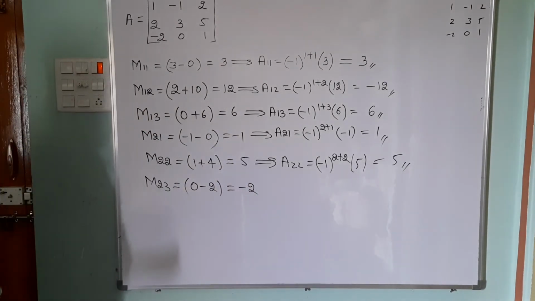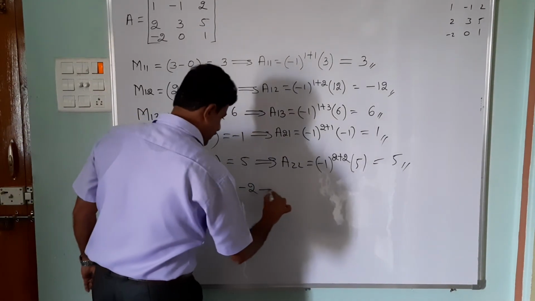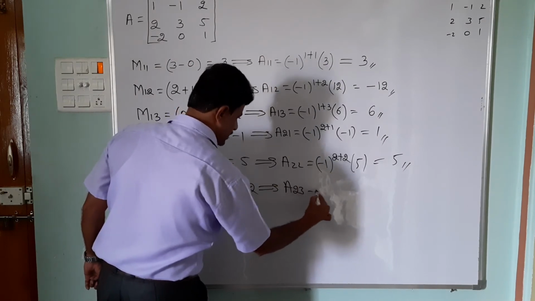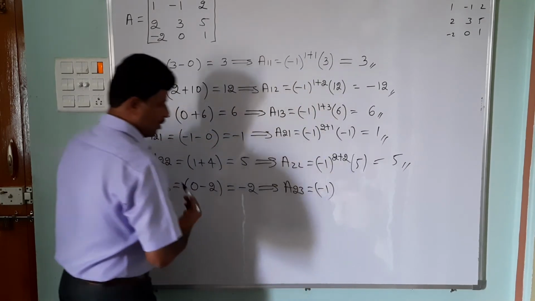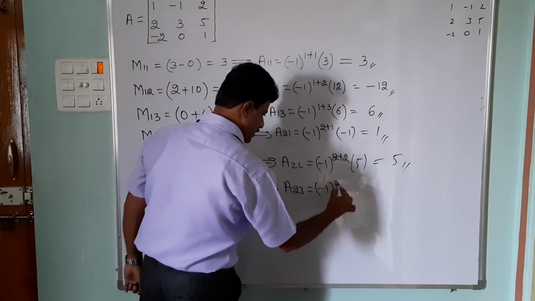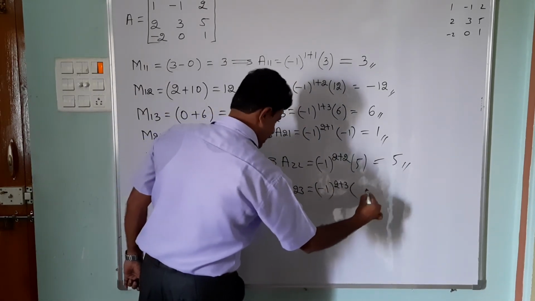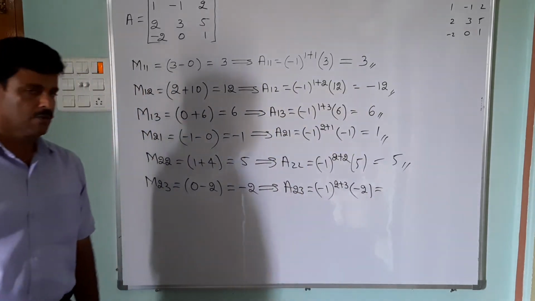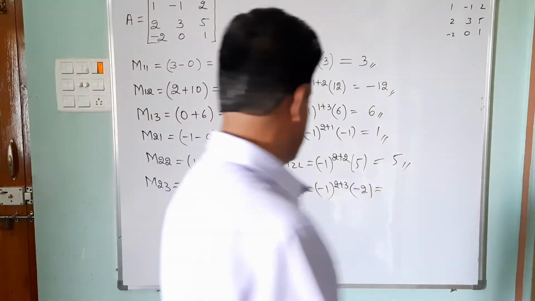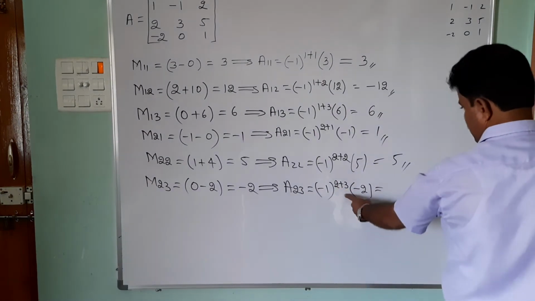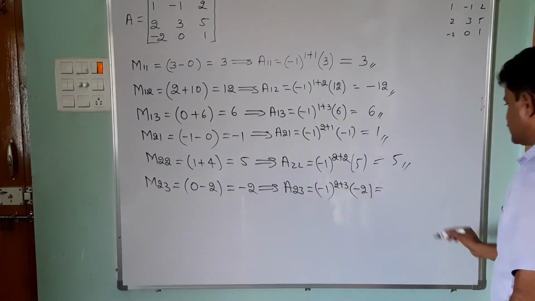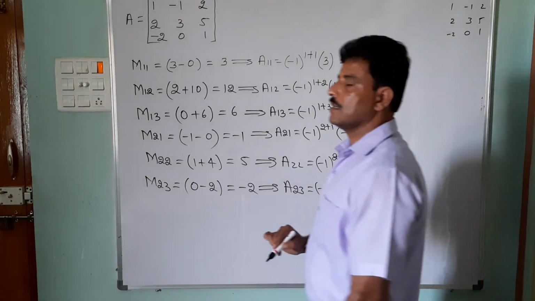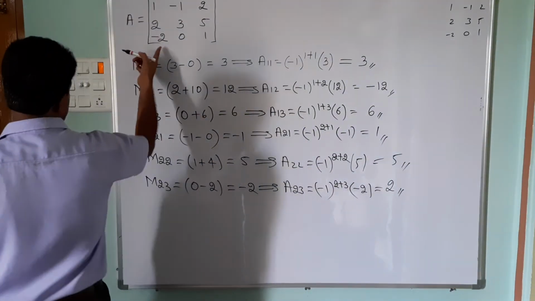That is a23. a23 is equal to minus 1 to the power of 2 plus 3 into minus 2. 2 plus 3 means 5, means negative, minus into minus plus, result is 2.